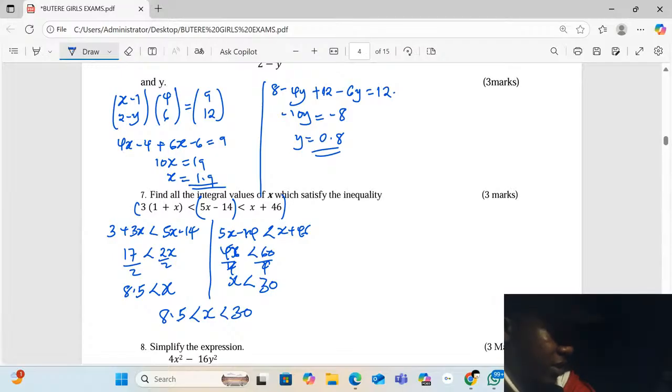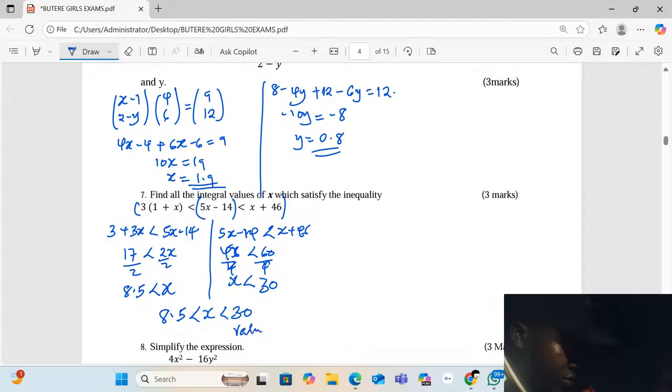All the integral values run from 8.5 to 29.